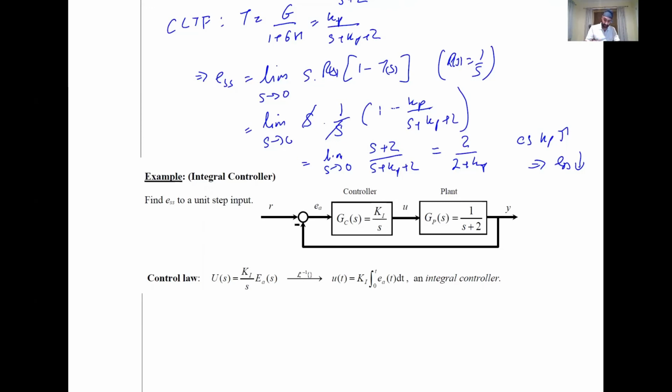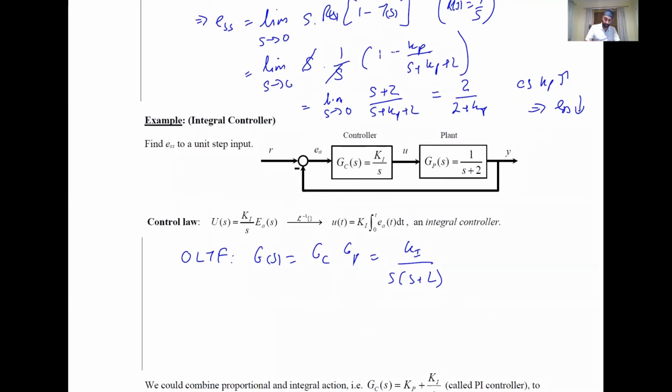If we look at the open loop transfer function, G(S) is equal to Gc times Gp, which is equal to Ki over S into S plus 2, which has one pole at the origin. So in this case, this is a type 1 system.